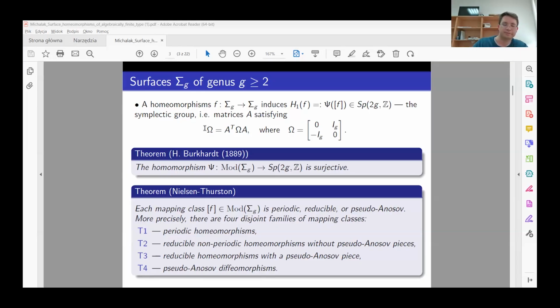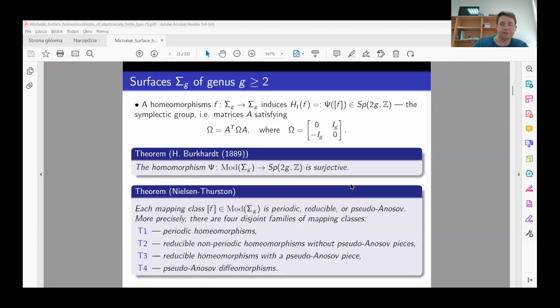So in terms of matrices, there is such an equality satisfied for the standard matrix omega, which defines the symplectic form. And a classical theorem of Burkhardt states that for genus at least 2, this symplectic representation is surjective. It is not an isomorphism as for g equal to 1, but it's surjective.